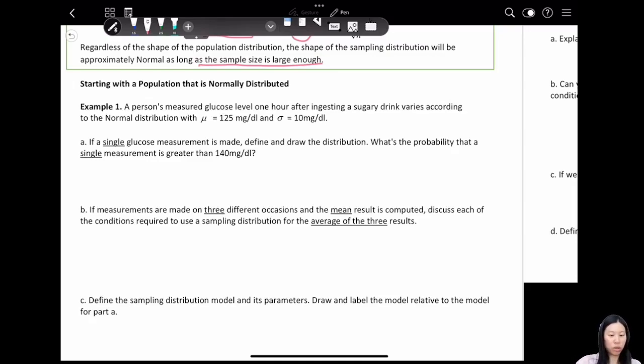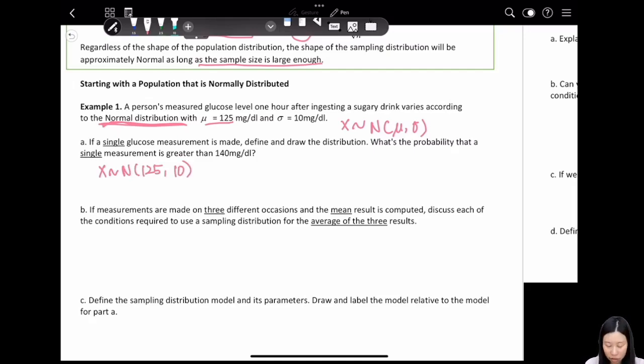Okay, so remember this is a normal distribution, which follows mu equals 125 and sigma equals 10. So we know that the distribution is normal with mu and sigma. In this case, we have N(125, 10).